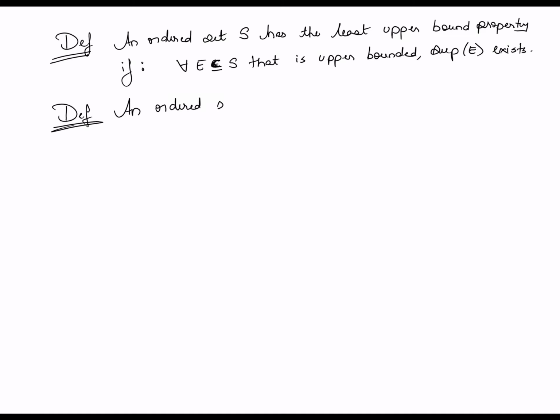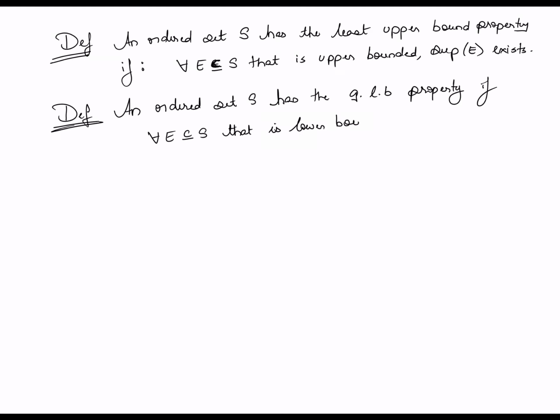An ordered set S has the greatest lower bound property if for all E, which is a subset of S that is lower bounded, inf E exists.